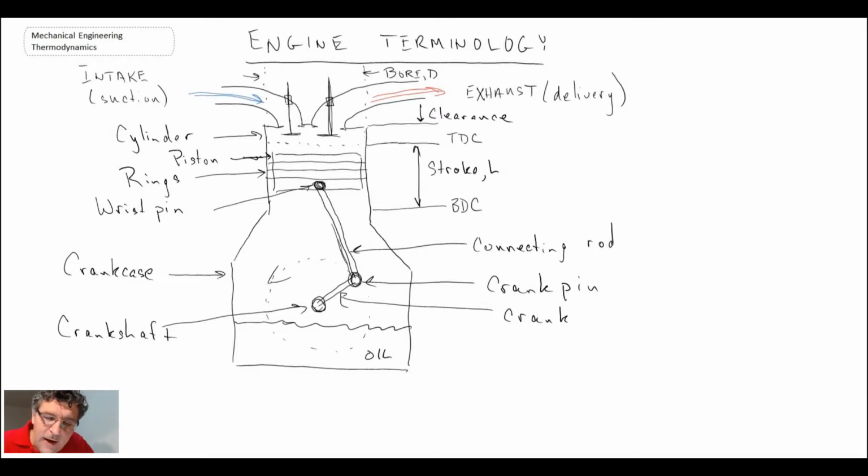So there we can see a schematic with all of the different components of the engine drawn on it.